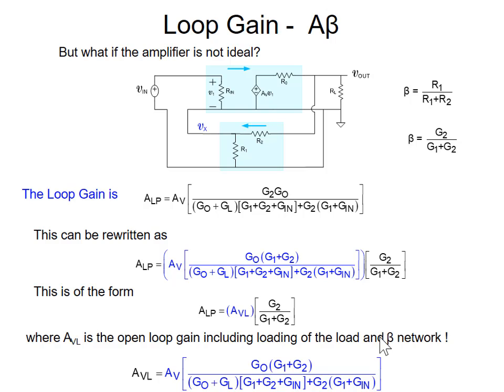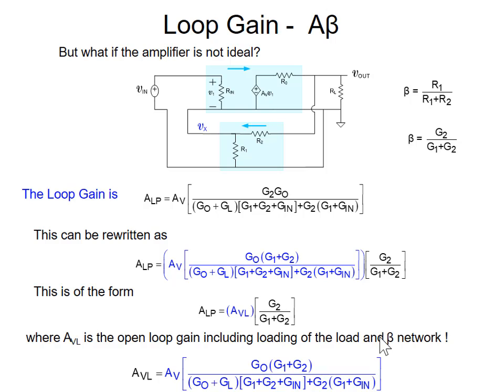So I multiply and divide by beta, and I can rewrite the gain like this, where this is now beta, and this is what we might think of as the loop gain, AVL. And if you're going to do Bode plots or Nyquist plots, and you want to look at where the voltage gain intersects the 1 over beta curve, you need to express it in this form. So this is the gain expression we're going to need to work with.